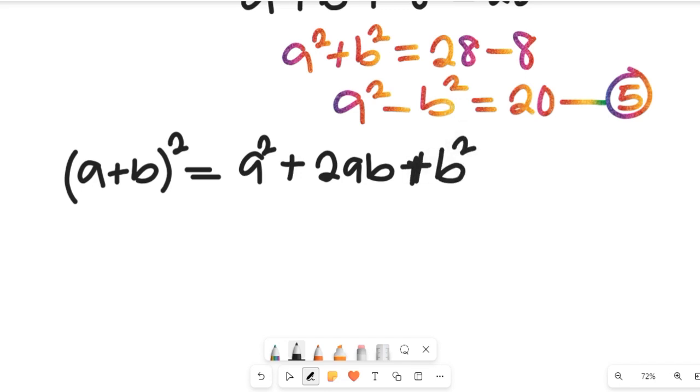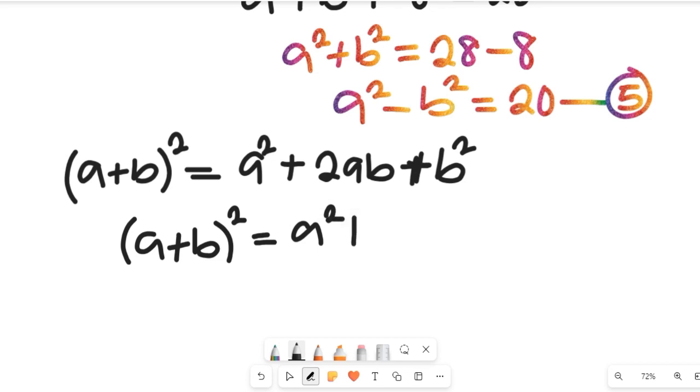So that means a plus b squared can be equal to a squared plus b squared plus 2ab.